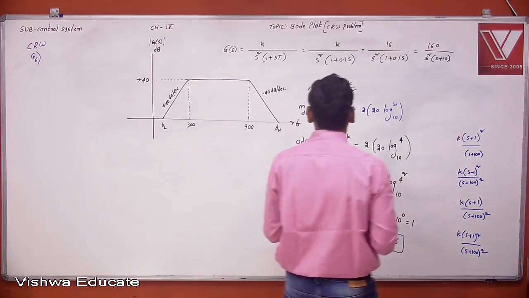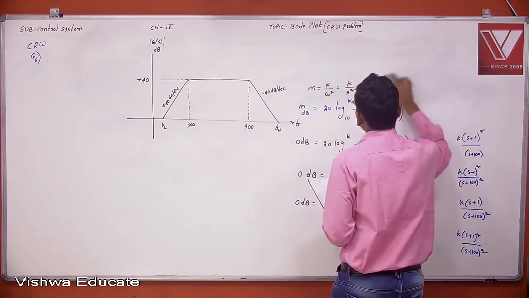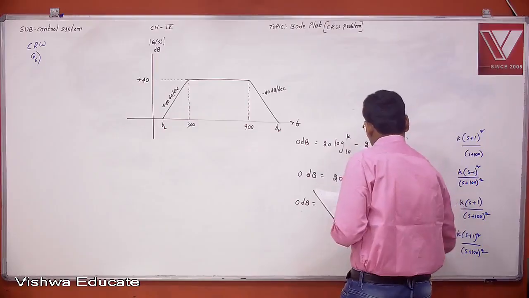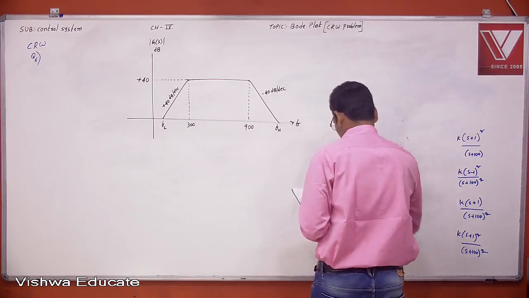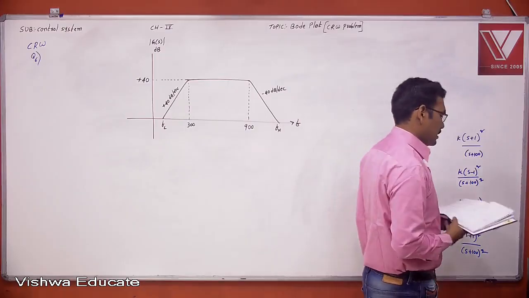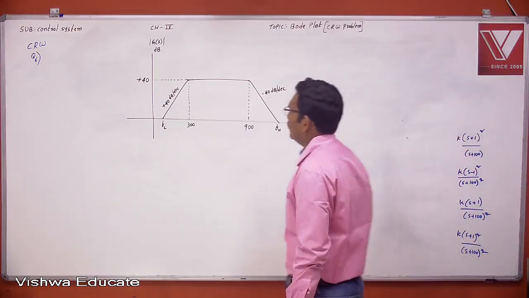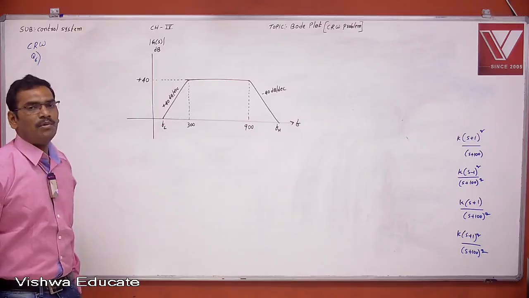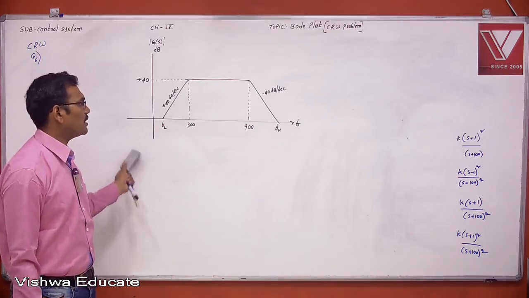Now this is the Bode plot which is given to you. Now what he is asking is, for the Bode plot, all the poles and zeros are real.